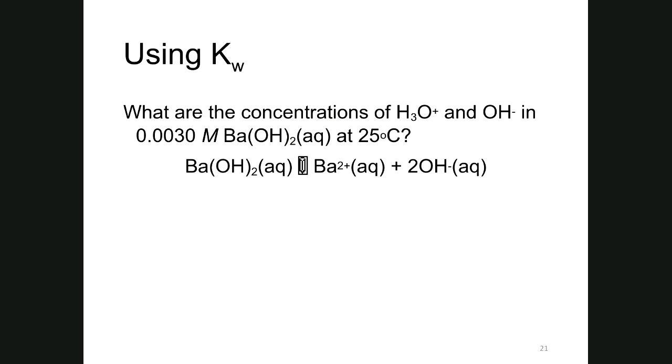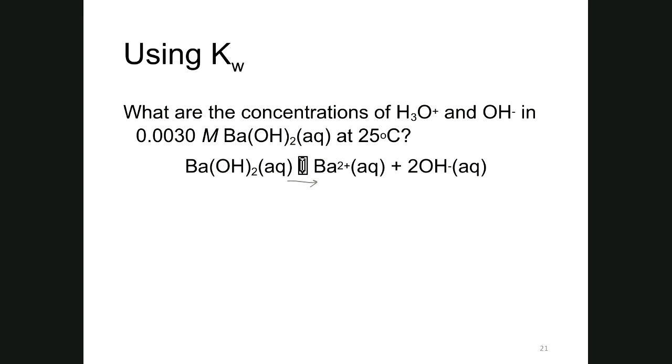So in this particular case, we have a solution of barium hydroxide at 25 degrees Celsius. Now remember that little symbol is supposed to be an arrow. I'm not sure why it's not showing up. But barium hydroxide, when it's put into water, will dissociate into 1 barium ion and 2 hydroxide ions. So we're trying to find out what is the concentration of our hydroxide and what is the concentration of our hydronium.